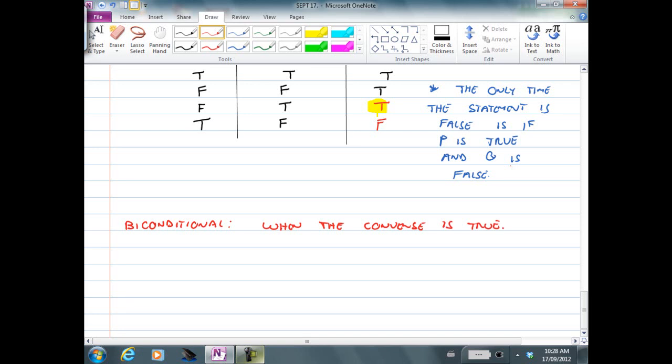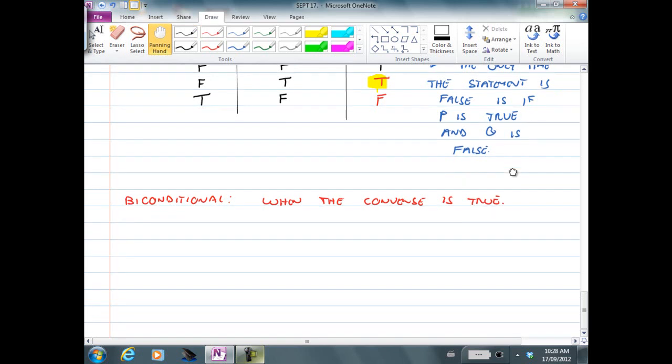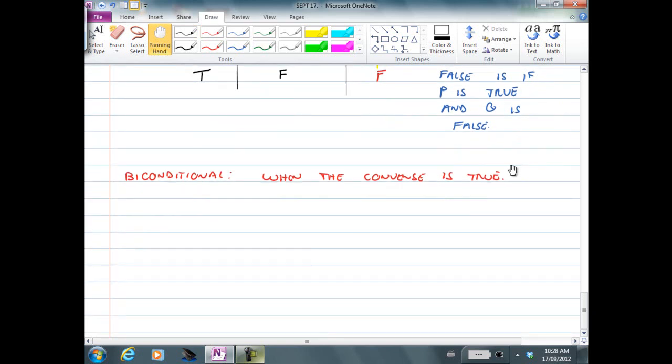I'm going to give you a few questions for you to practice on. And before we do this, here's your question. Hypothesis: a square has 4 right angles.